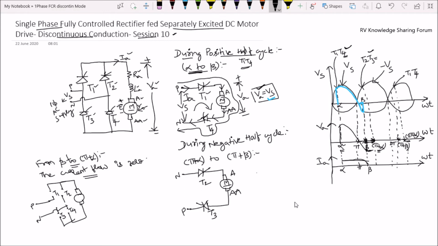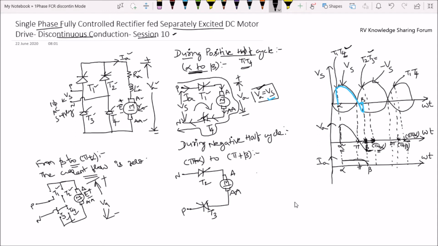If you observe this, the current through T1 is 0, T2 is 0, T3 is 0, and T4 is 0. That means everything is an open circuit. And here are the armature terminals. The voltage across the armature terminals is Va, and here we have an induced EMF in the DC motor.